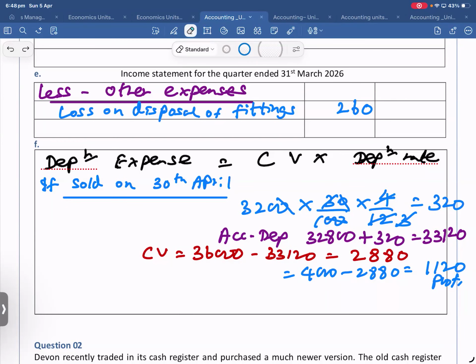Then what will happen? 3,200 times 30% times how many months then? 6/12, yes? So how much is the depreciation? 480.